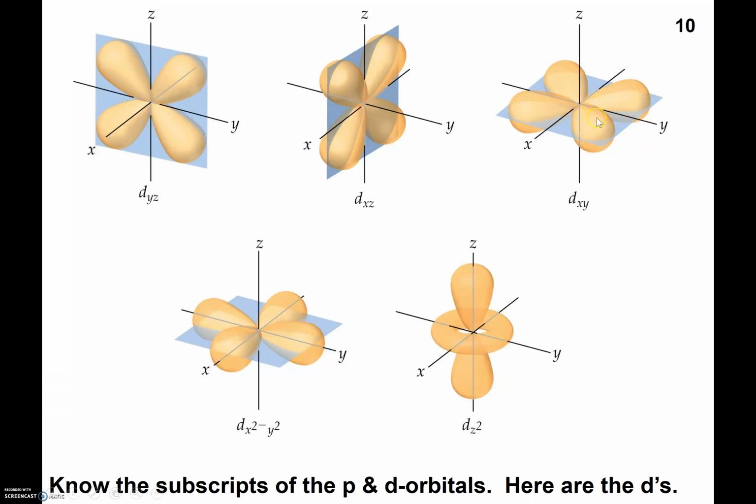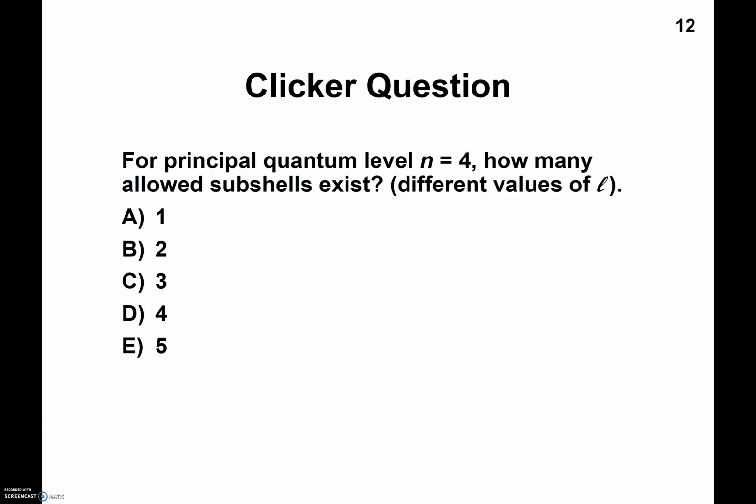And the dxy, the lobes fall in the xy plane, but in between the axes there. dx squared minus y squared is actually right along the axes for x and y, so it's very similar, but just spun a little bit, maybe 45 degrees from the dxy. dz squared is very strange, but it's a d orbital you need to know. It's a dumbbell with a donut around it. Pretty exciting.